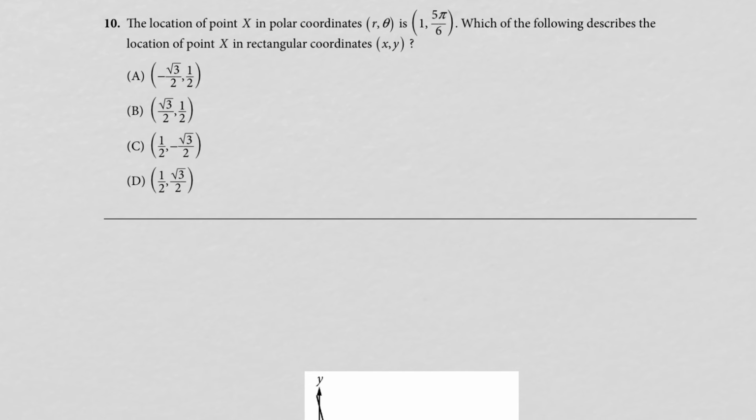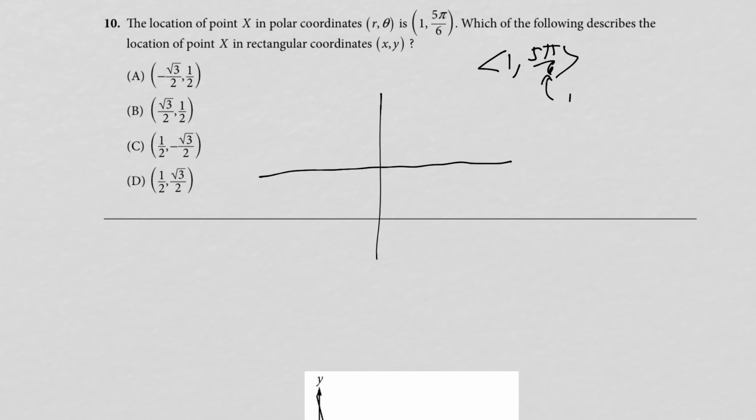Number 10. Okay, the location of x in polar. So polar coordinates, I usually write it like that, basically means this 5 pi over 6 is basically 150 degrees. So in polar coordinates, you have these circles.